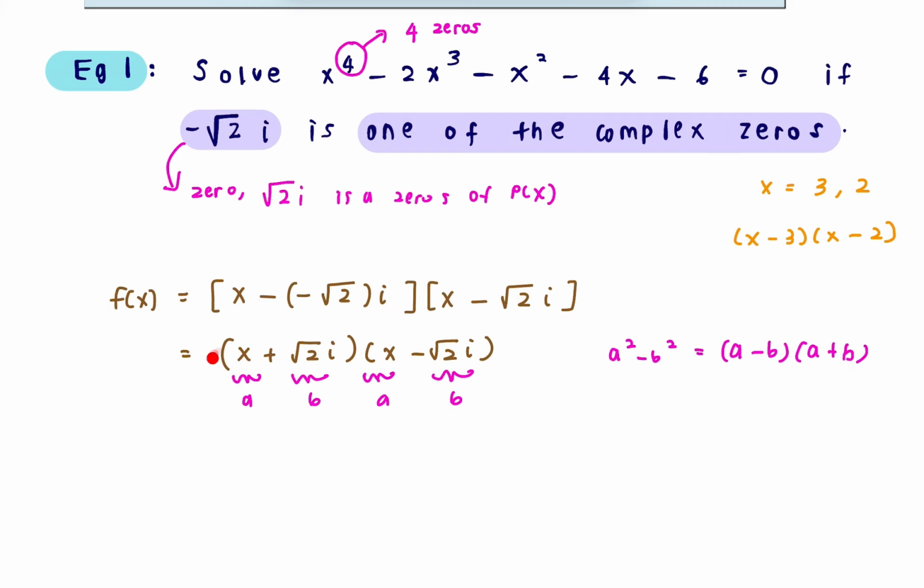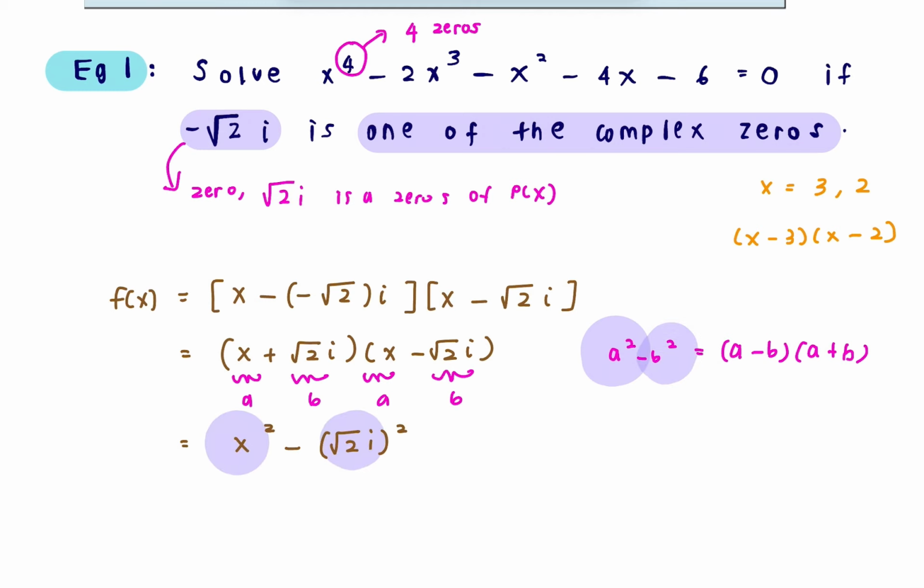So how to get A squared minus B squared? What is your A right now? Your A is x, so you have x squared minus, and your B is square root of 2i, squared. Just put in this form.